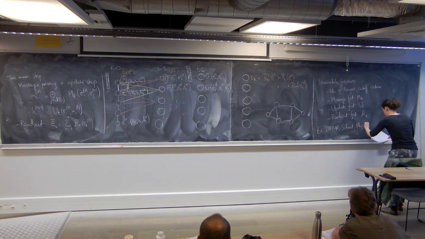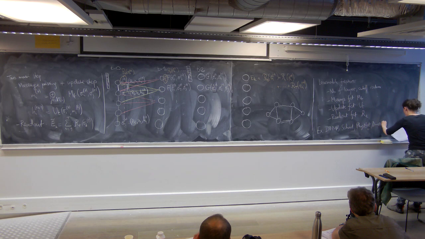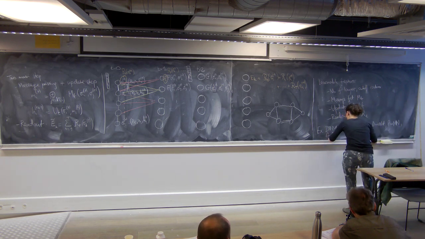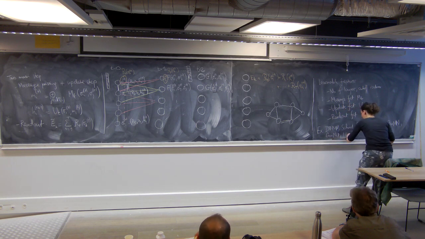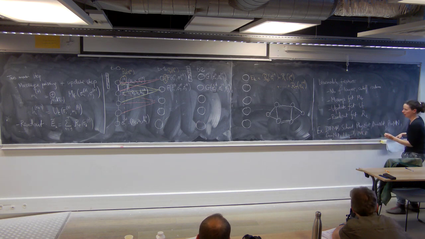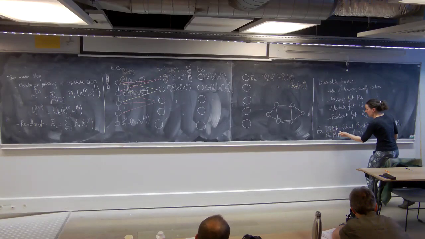PaiNN, DimeNet, and so on. There is really a zoo of all these networks. GemNet, NequIP, I will discuss it. MACE.